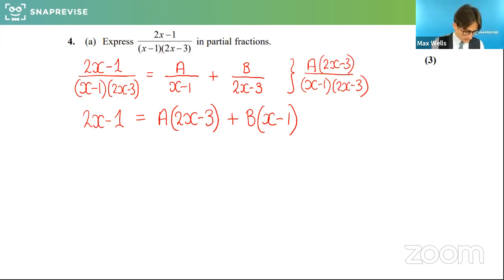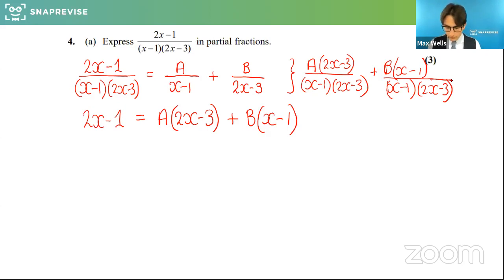And likewise, the b part needs another x minus 1 to give that common denominator so that we get it over the same thing. Do ask questions if you're unsure, but some of you look familiar with this stuff, which is brilliant. So now we can start solving this.